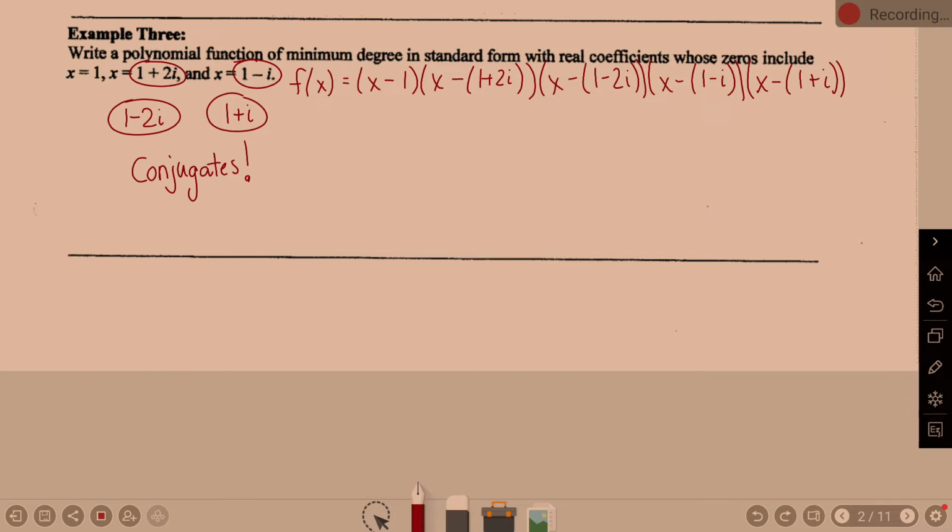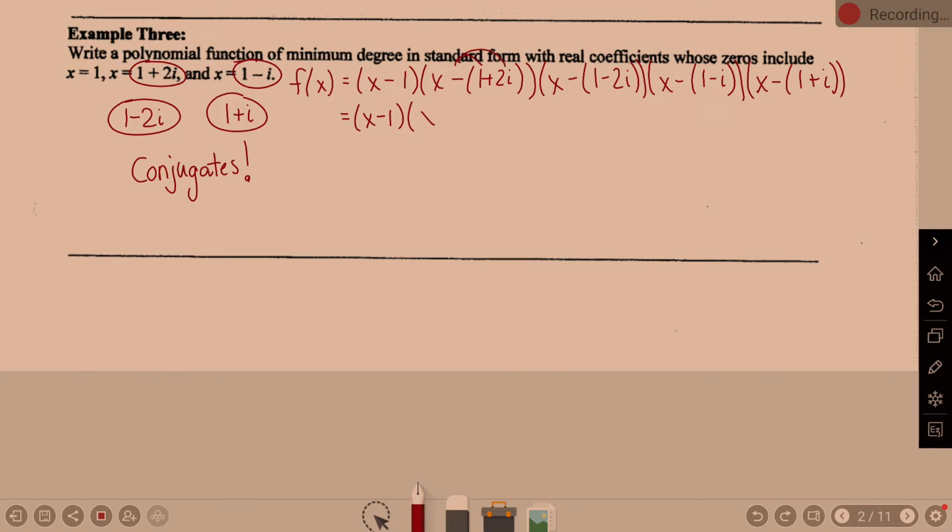Now, maybe you wrote your first line like this. Maybe you took off those extra parentheses already, and that's fine as well. So we know we have x minus 1, x minus the 1 plus 2i. Are you getting what's happening here?